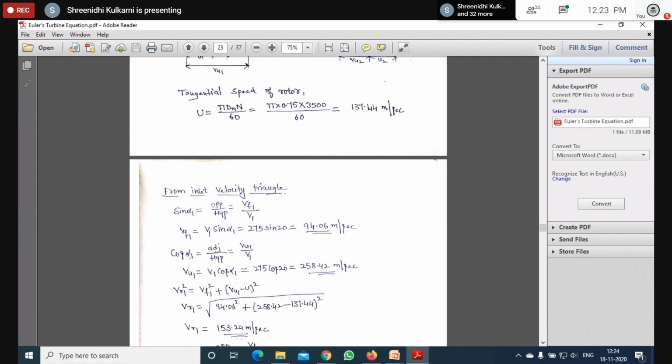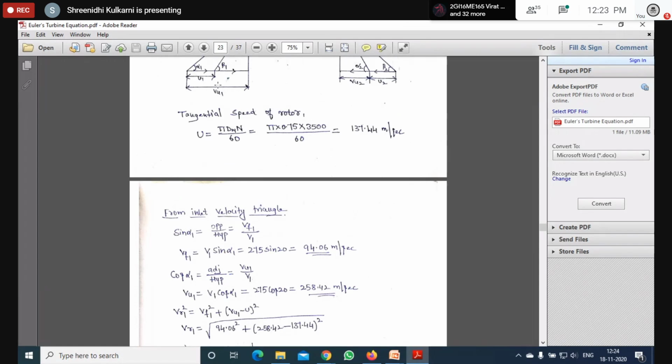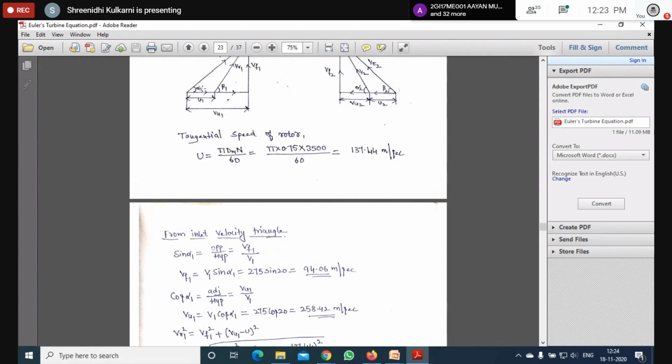Next, similarly, find out what is VU1 from the inlet velocity triangle. Here we know the nozzle angle, and we know what is absolute velocity V1. So cos alpha 1 is adjacent by hypotenuse.